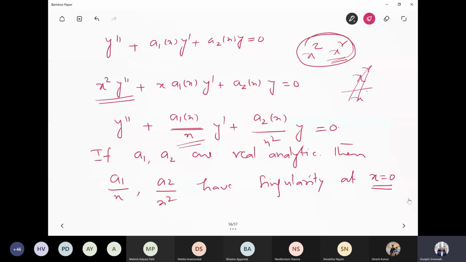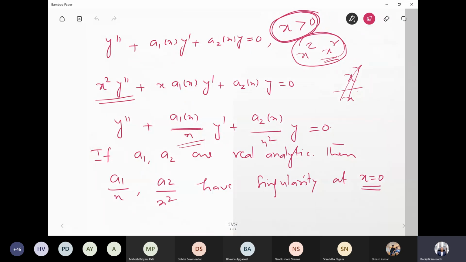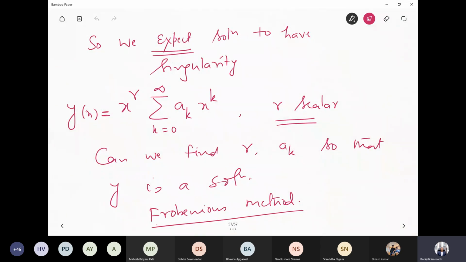We don't know the power x^r. Of course, I'm talking about only x positive. All the things I'm doing are for x positive. If I multiply by x^r, maybe I'm able to get that. That's the idea of Frobenius, and then he devised a method which is called the Frobenius method.